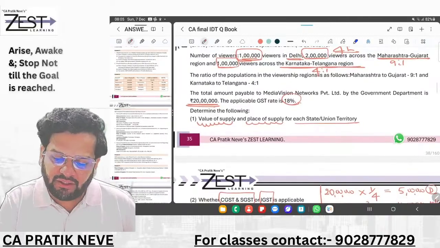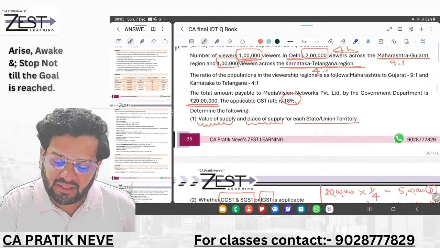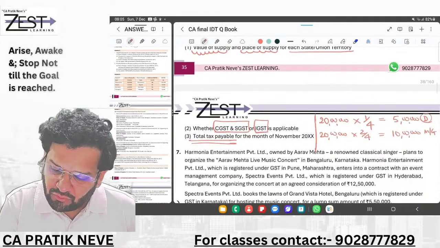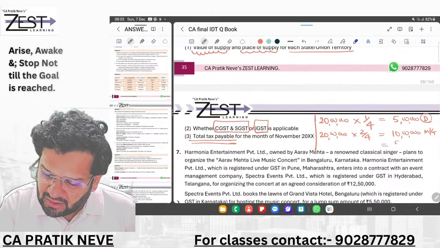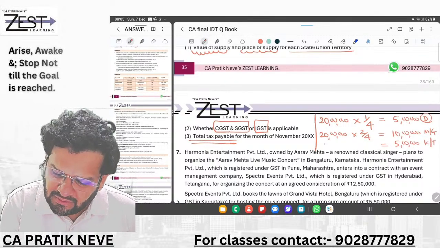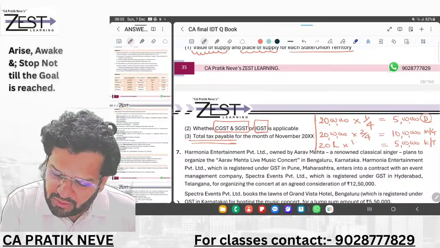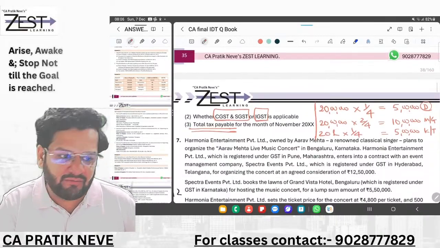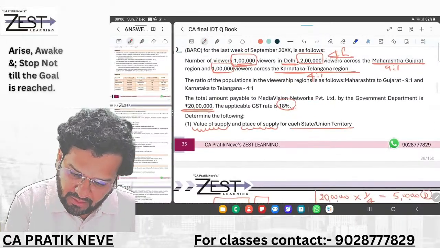Now you have to fix Karnataka, Telangana, which has 1 lakh viewers. So for Karnataka, Telangana, again it will be 5 lakh. Clear, na? Because 20 lakh into 1 by 4. So Delhi is fixed at 5 lakh.